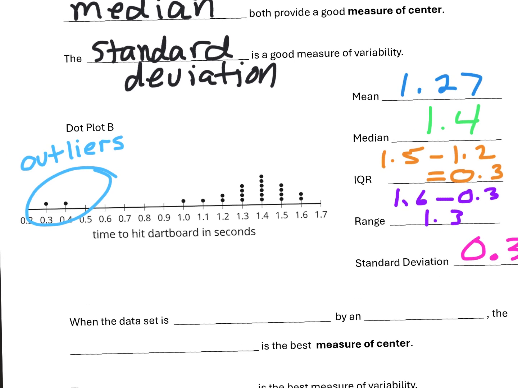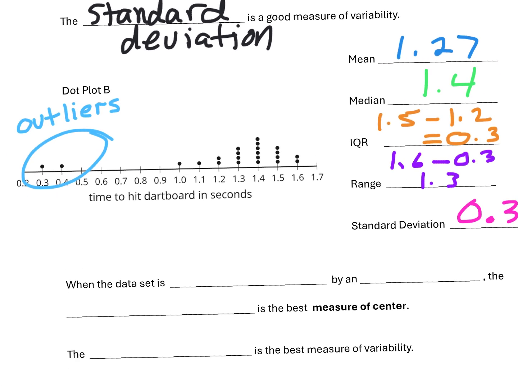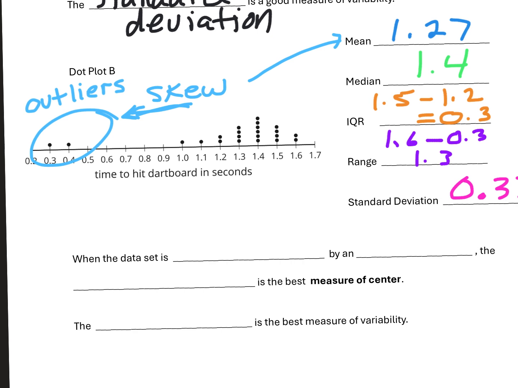These outliers do something to the data set. They skew the data. Most of your data is here, but those outliers skew it, and so it's going to make your mean less than it would be if it were more symmetrical.